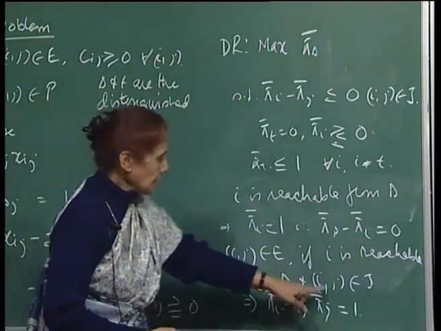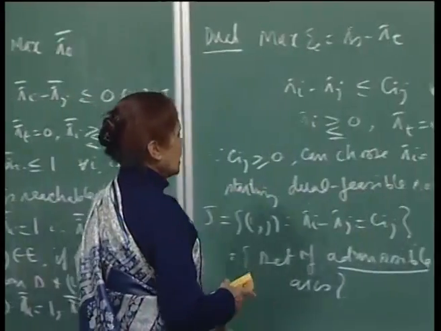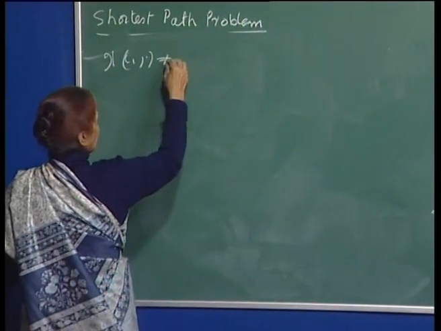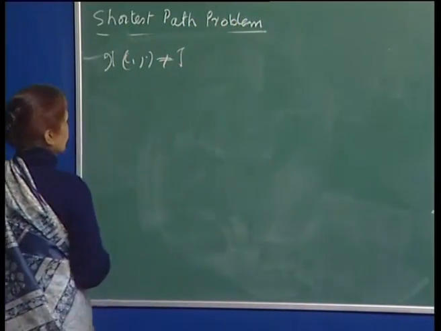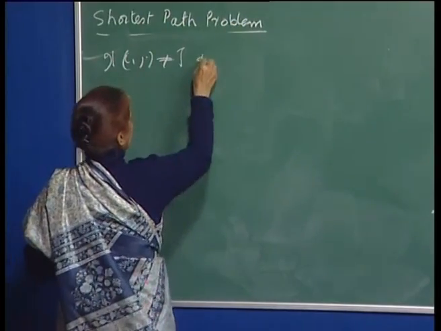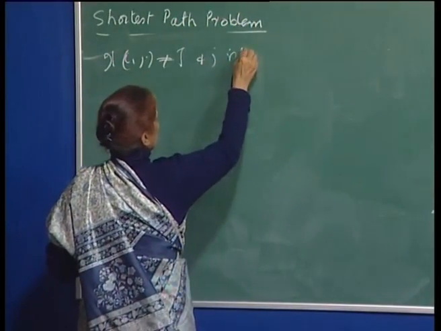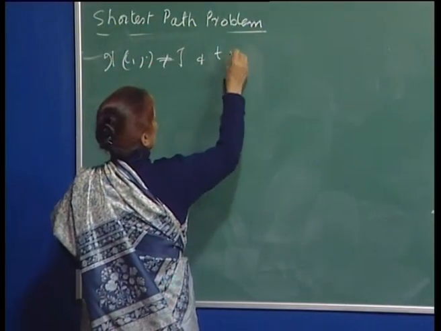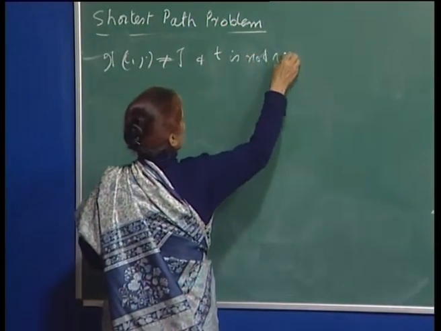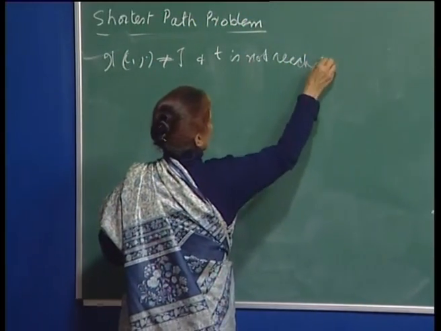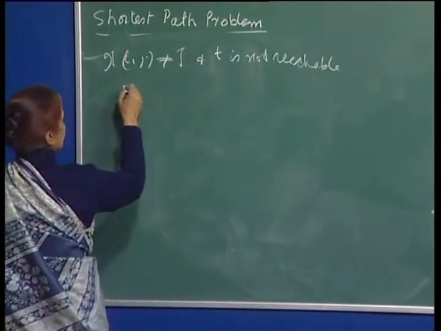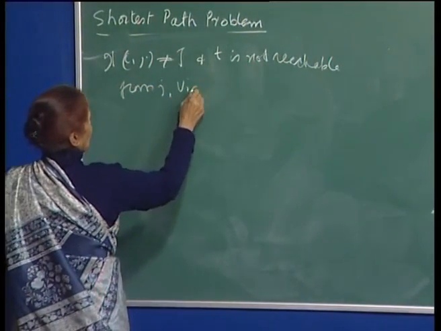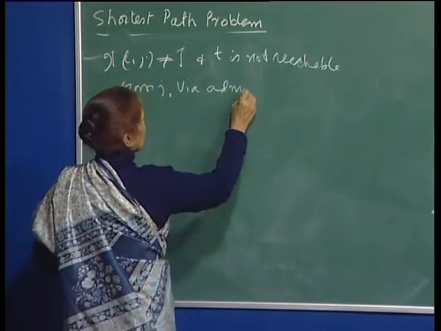And if I j does not belong to J, and T is not reachable from j via admissible arcs.